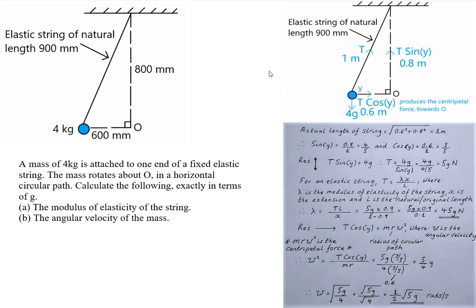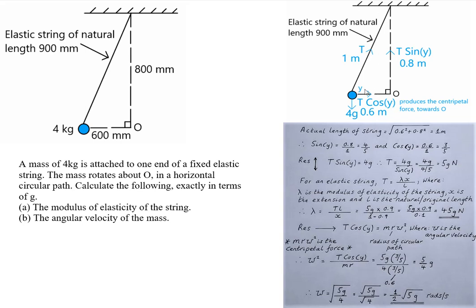The first thing to do in this type of problem is to put onto the diagram all the relevant forces. First of all, put the tension in the string acting upwards as shown by this arrow, and then resolve this tension into a horizontal component which will be T cos y.